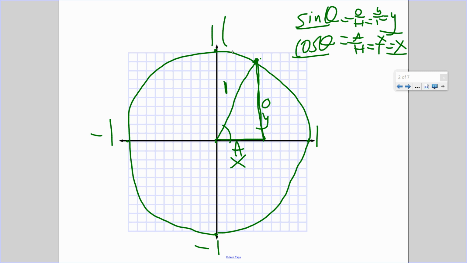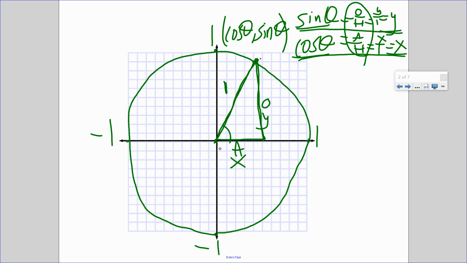So what we get from that is any point on the unit circle is always cosine of theta comma sine theta, since cosine of theta is always the x value and sine of theta is always the y value. And again, that's based on SOHCAHTOA and the fact that the unit circle has a radius of 1, which makes the hypotenuse 1.